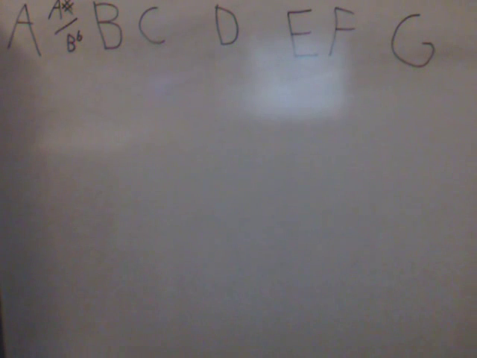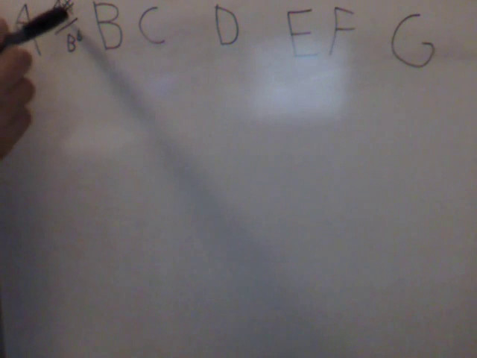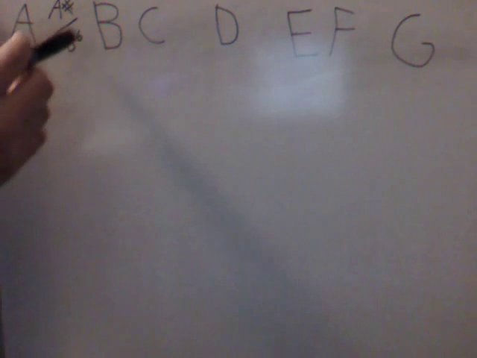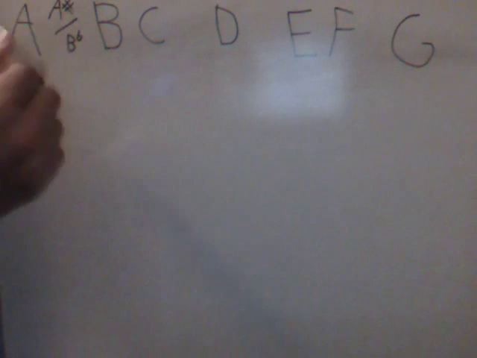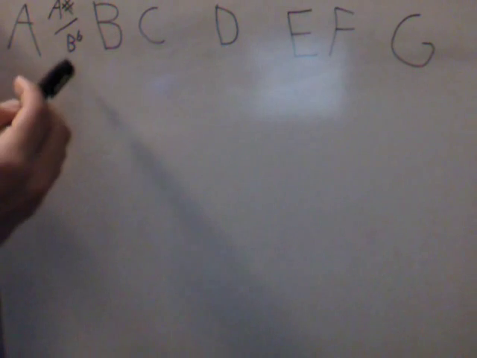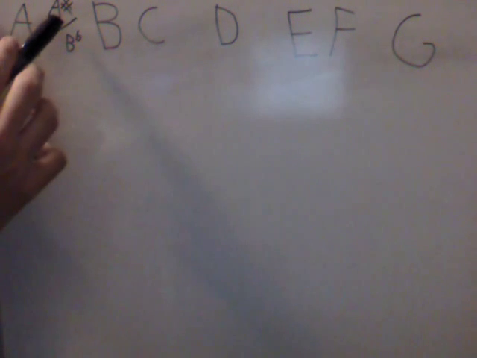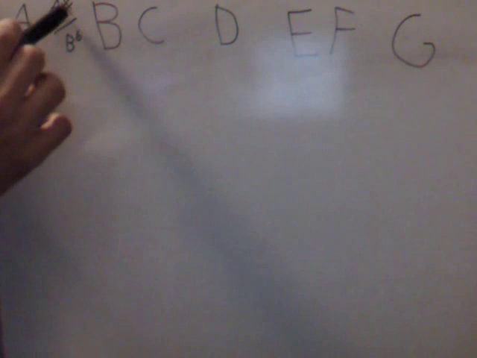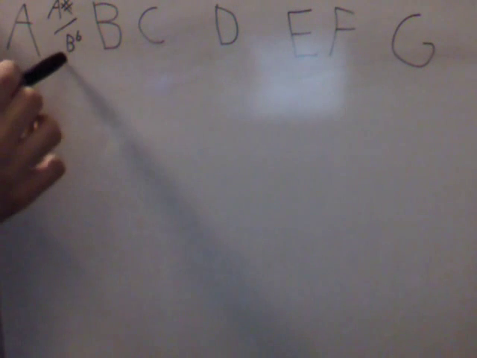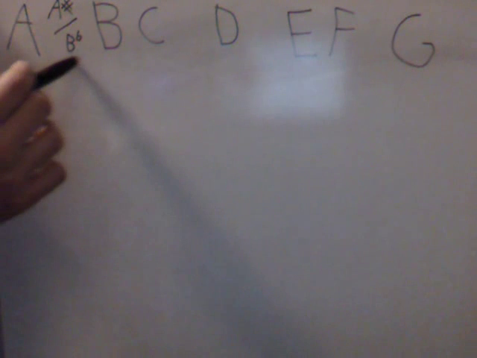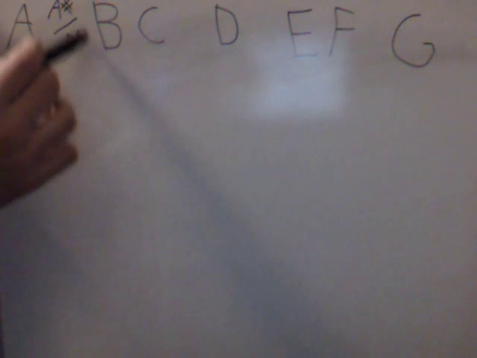The reason this note can be called A sharp is that in this sequence of our alphabet, this second note is above A. It's also below B, which is why we can also call it a B flat.